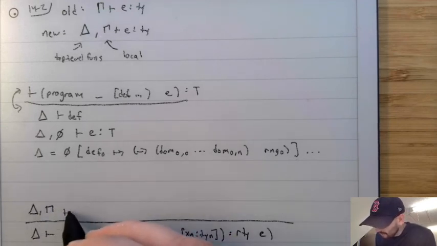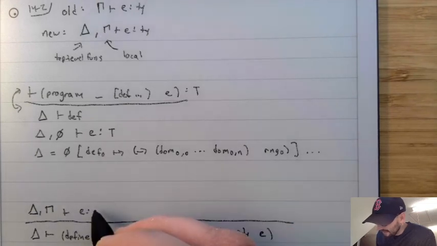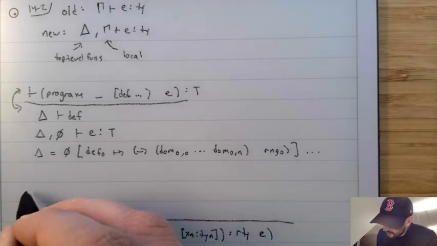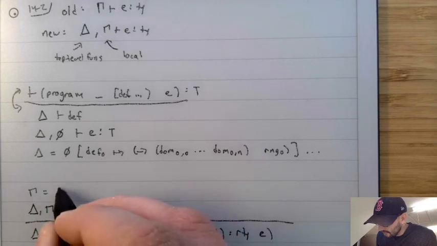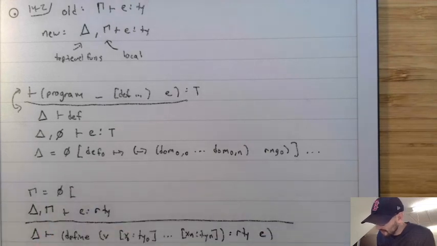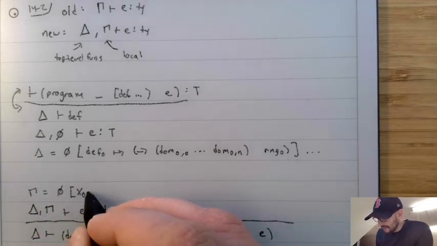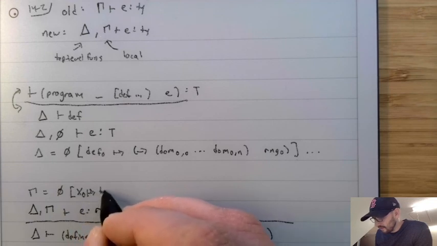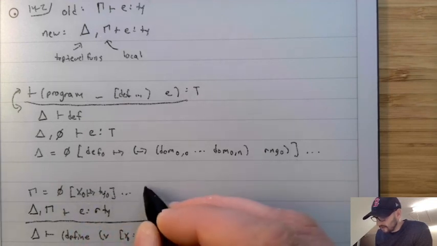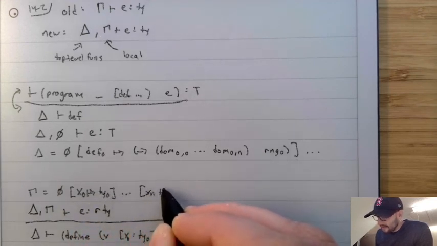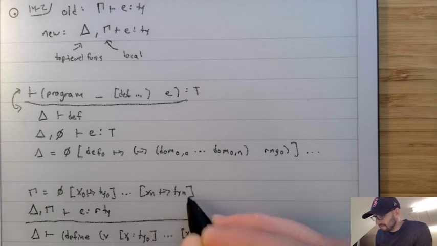gamma proves that E has type return type, where gamma is equal to the empty environment extended with a mapping from x0 to type 0 ... xn to type n.